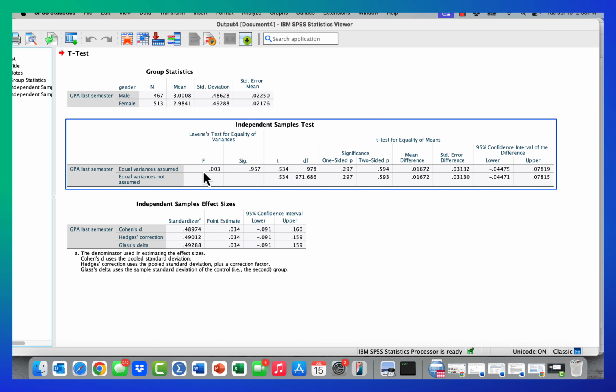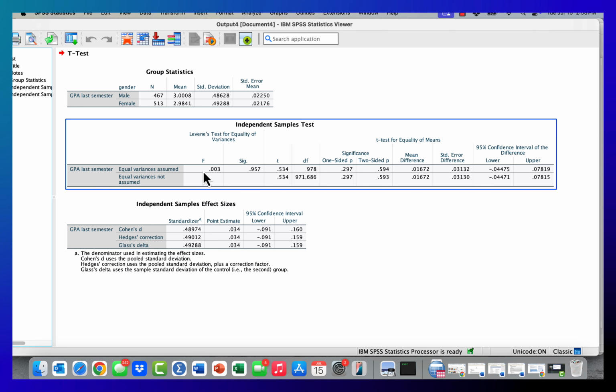So essentially, this Levene's test is assessing the assumption of homogeneity of variances, and it's also doing a little hypothesis test where the null hypothesis for this little test would be that the variance for females is equal to that of males, and the alternative is that the variance of females does not equal that of males.